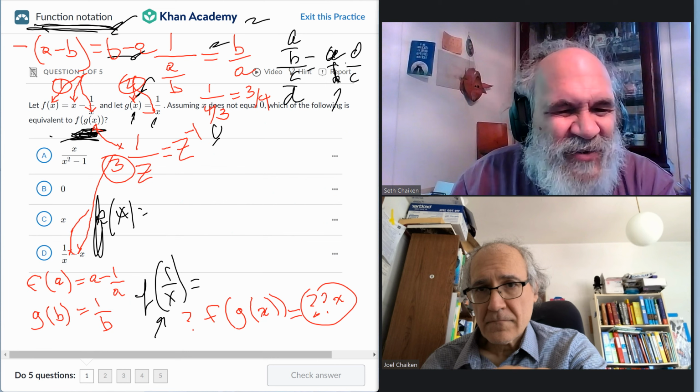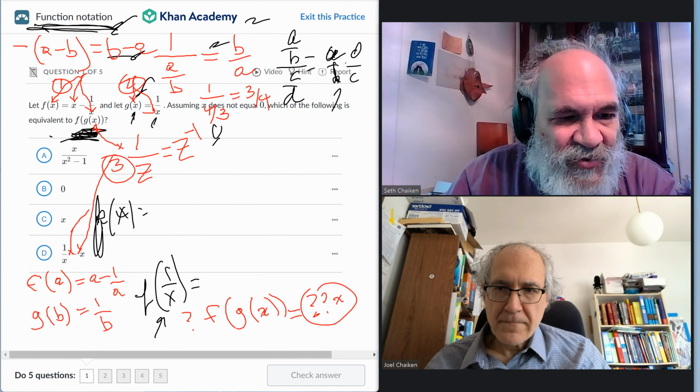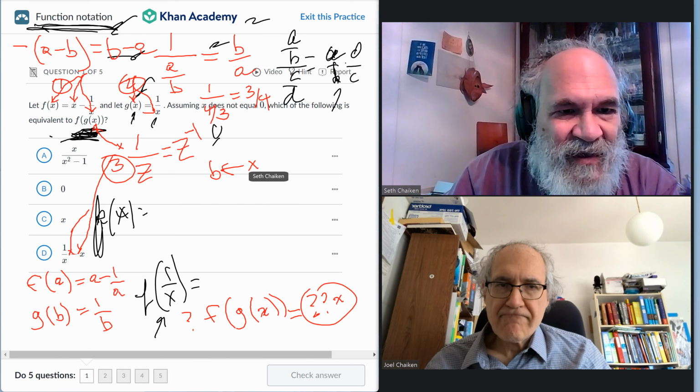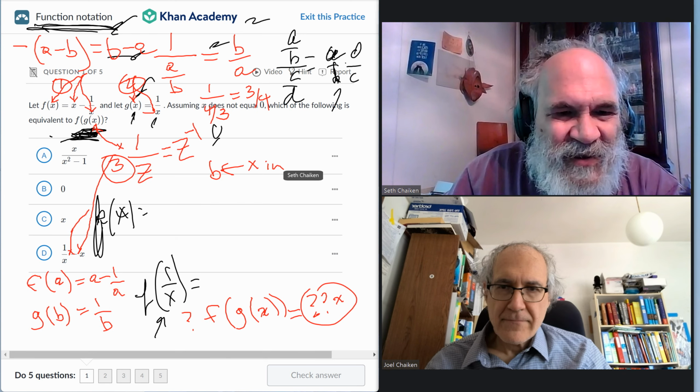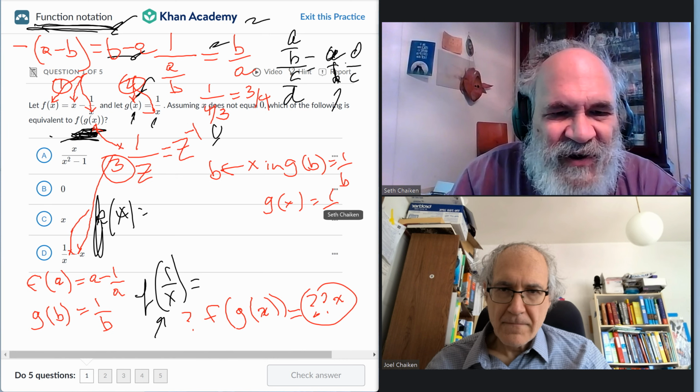The way Joel solved it was, I replace b by x in g of b equals 1 over b, and I get g of x equals 1 over x.